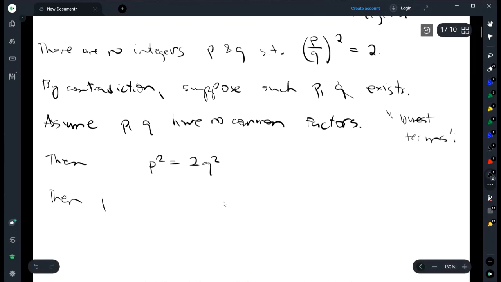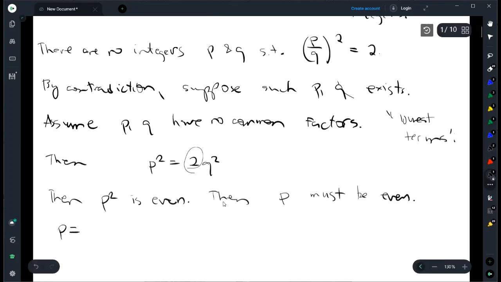Then that means that indeed P squared is actually even. And then because P squared is even, then the integer P, which is the square root, must also be even. Note the hint here is this one.